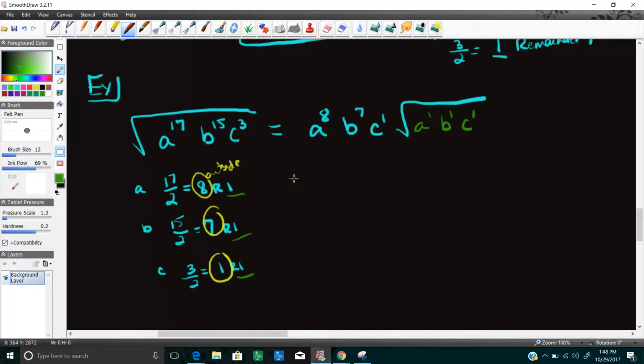But of course, remember that we don't usually write the one, so my final answer would look like this: a to the 8th, b to the 7th, c, square root of abc. And the reason we're dividing by 2 again is because this is the square root. And remember again, the square root of x is the same as taking the root of 2 out, which is why we circle all those pairs of 2.